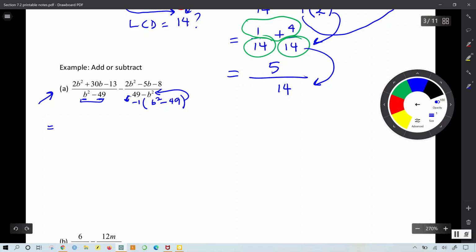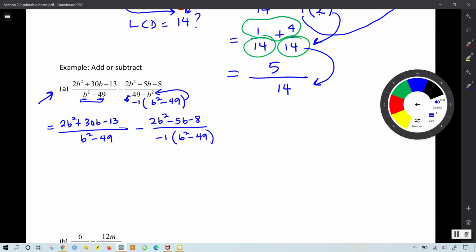So let's go on to the next line. So we have 2b squared plus 30b minus 13 all over b squared minus 49 minus 2b squared minus 5b minus 8 divided by -1 times b squared minus 49.